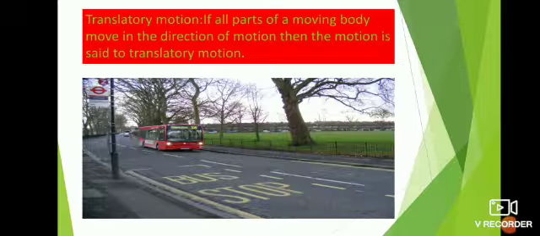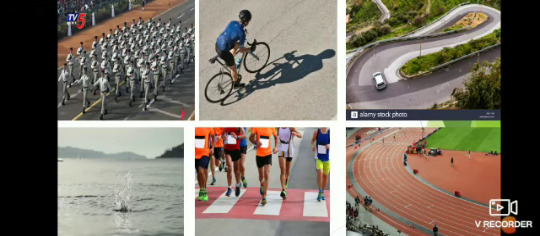Now, we see some other examples. In the first picture, the soldiers are marching in a parade. Are they in a straight line or a curved line? Yes, we are clearly able to see that these soldiers are marching in a straight line in a parade.